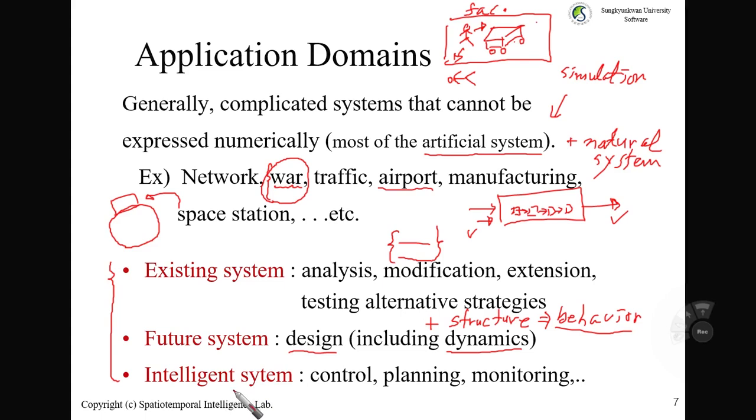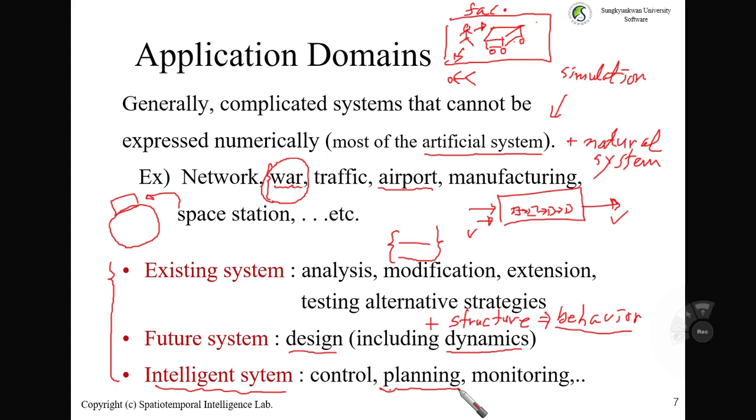And the simulation models can be applied in building intelligent systems, not only for replication and prediction. Other than replication and prediction, we can control the system with simulation models, and we can use simulation models for planning what to do in the future.